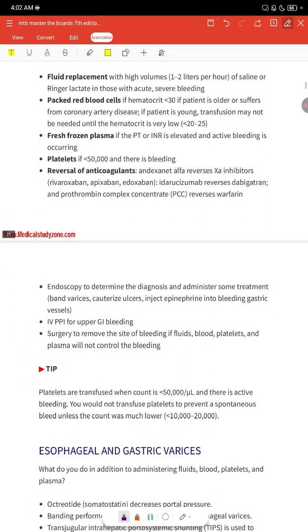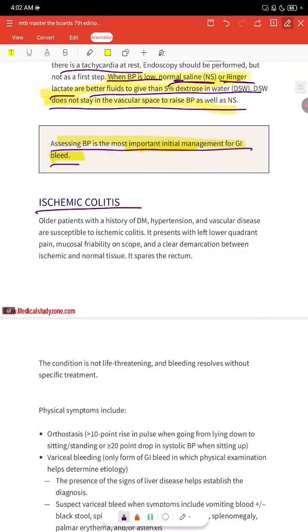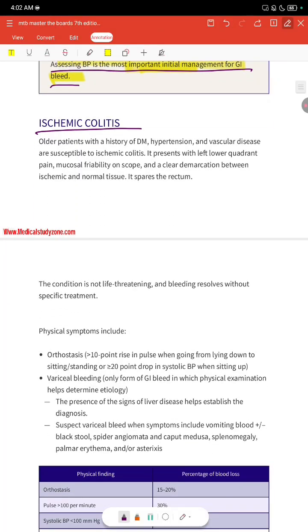Now let's start talking about ischemic colitis. Older patients with a history of DM, diabetes mellitus, hypertension, and vascular disease are susceptible to ischemic colitis.